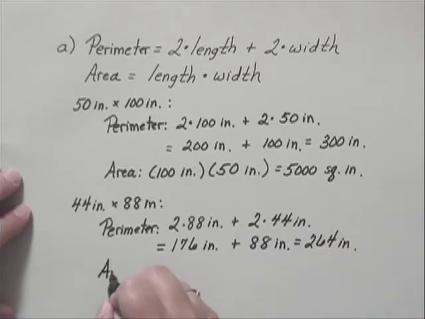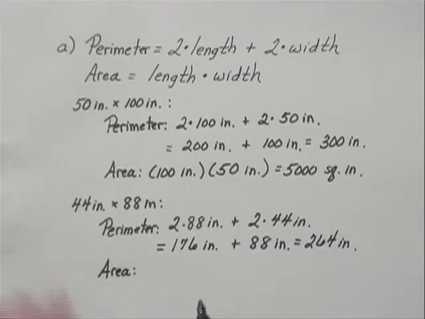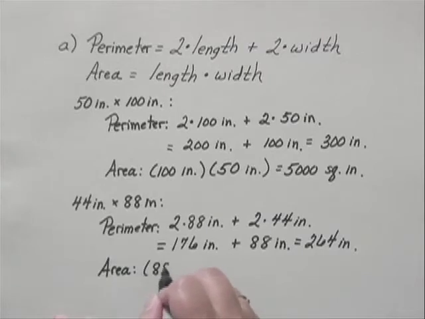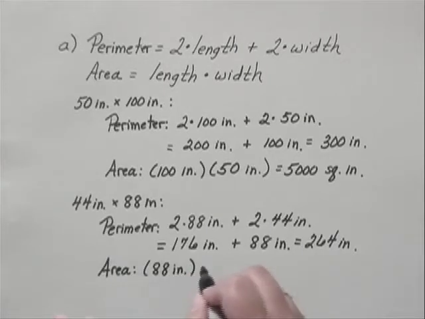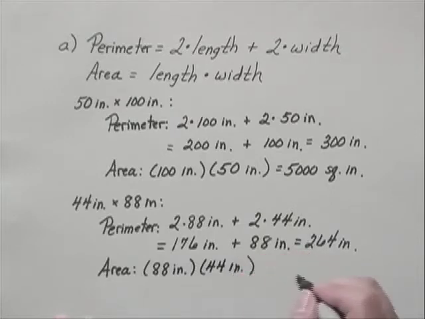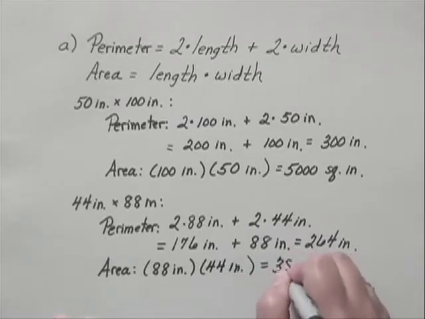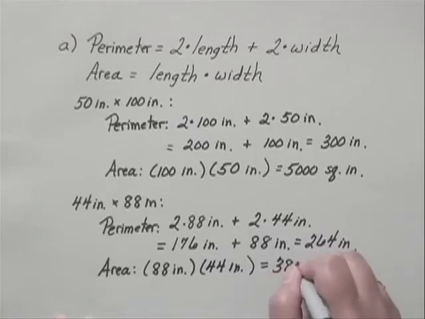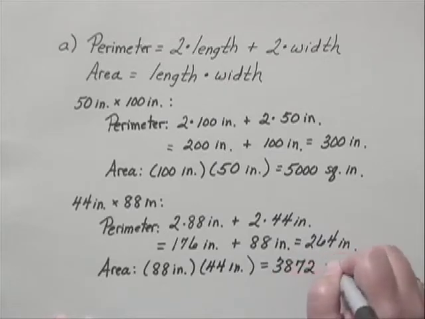The area is the length times the width, which would be 88 inches times 44 inches. And if we do that multiplication, we get 3,872 square inches.